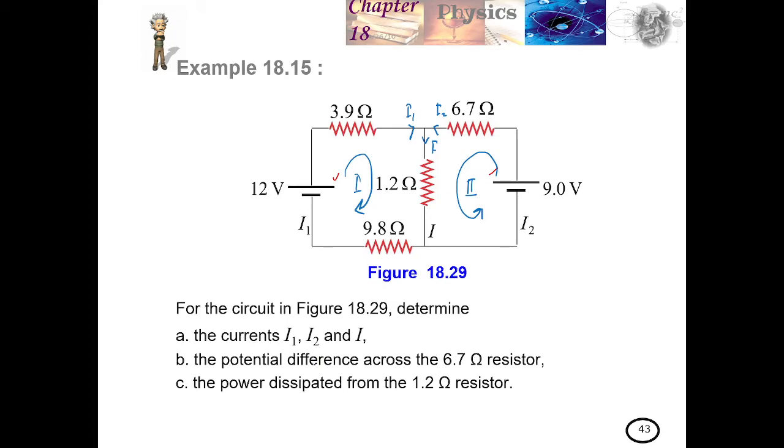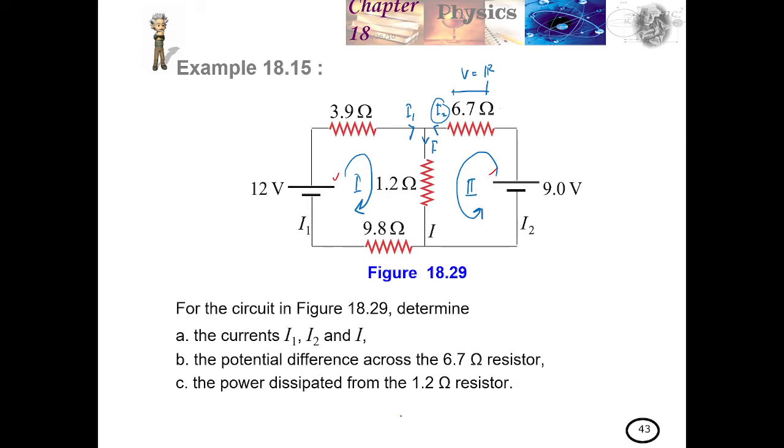We need the potential difference across the 6.7 ohm resistor. V equals IR, so with the I2 and the R you can get the potential drop.